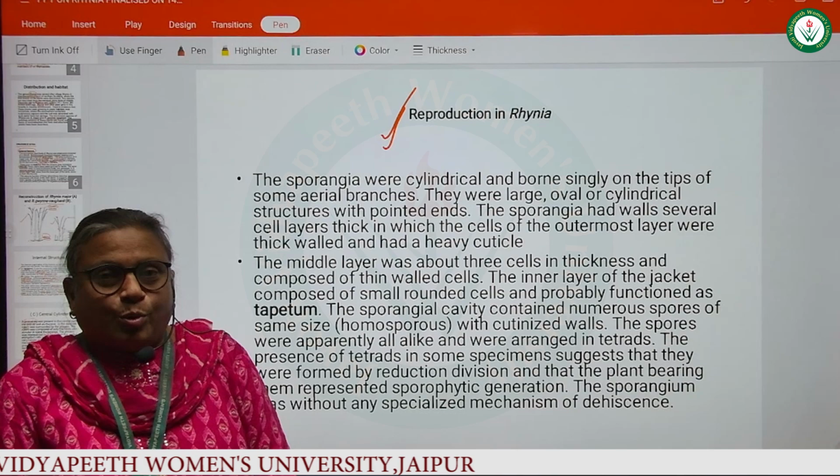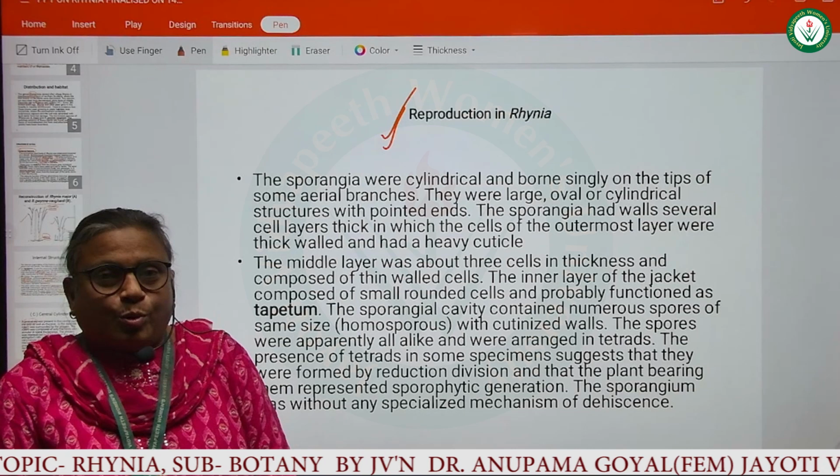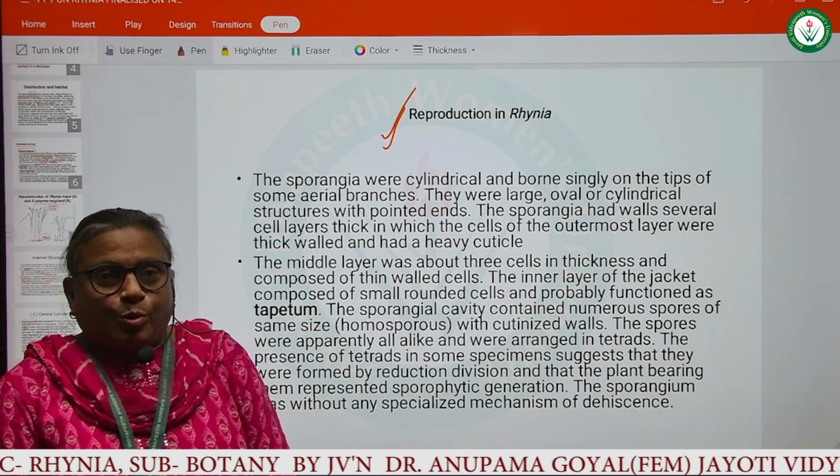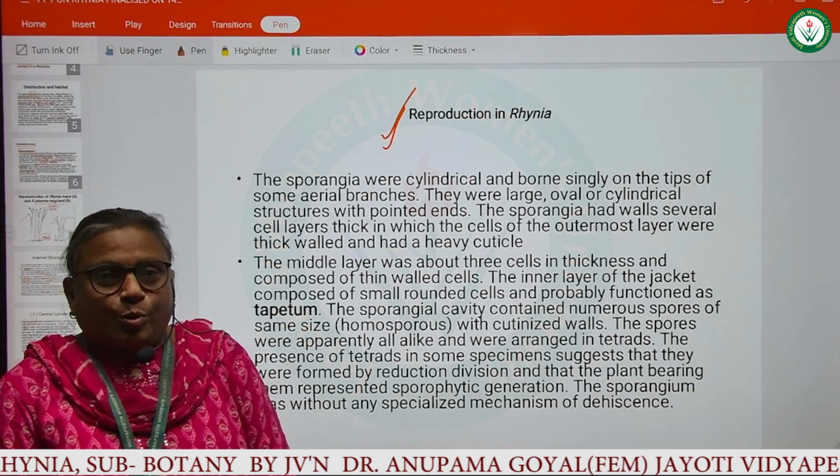The sporangial cavity contained numerous spores of the same size. So the condition is homosporous. So the question arises, what do you understand by the term homosporous? Homosporous means the spores are of the same size and these spores have cutinized walls.